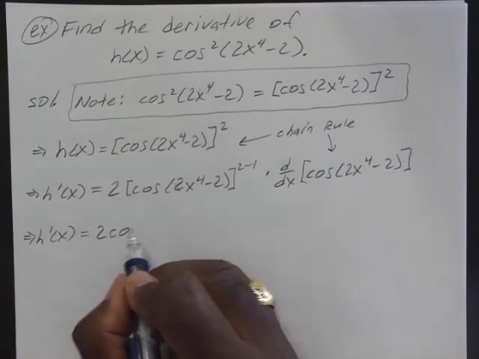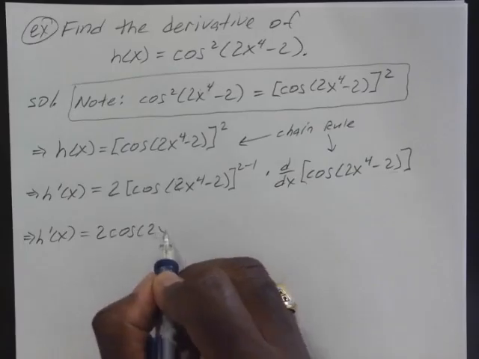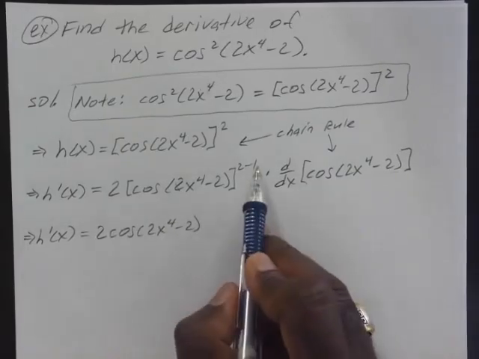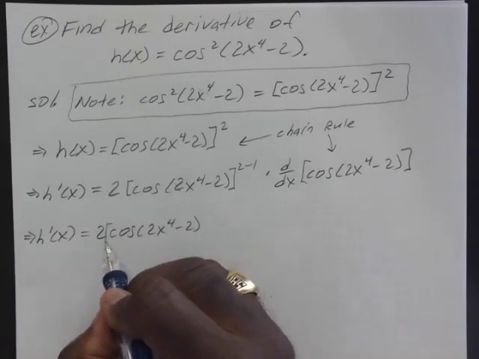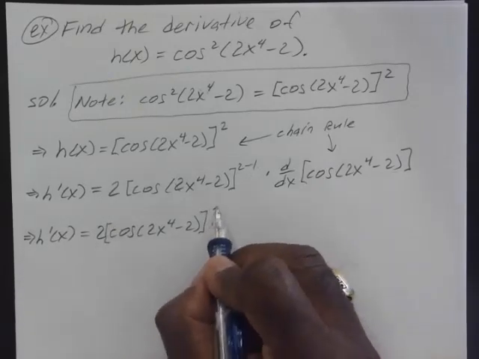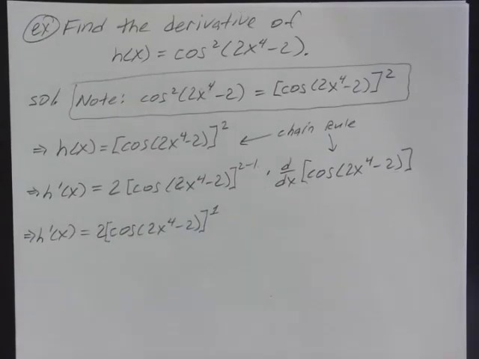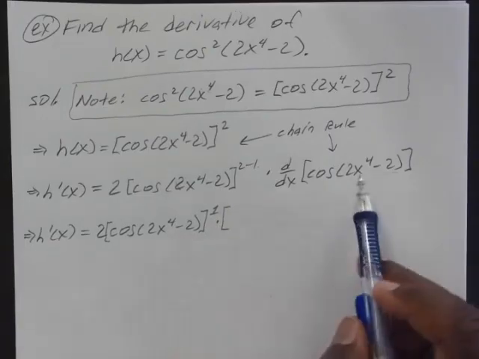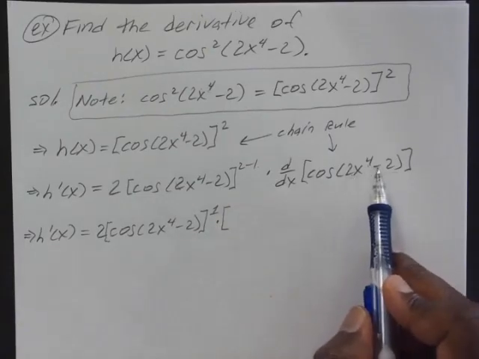So 2 times cosine of 2x to the fourth power minus 2. So the power of 2 minus 1, and I'll just go ahead and put it to the first power just to keep the steps up, times the derivative of cosine of 2x to the fourth power minus 2.